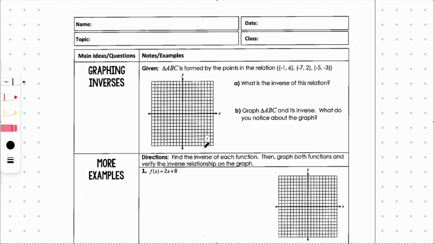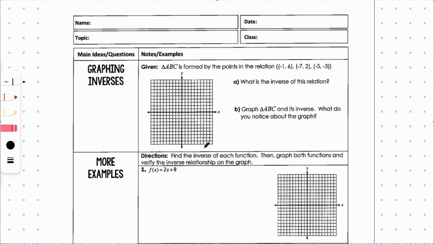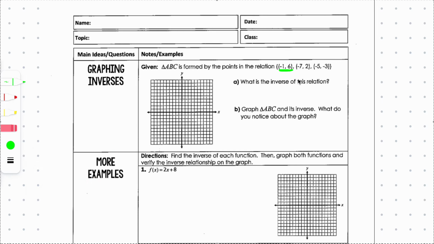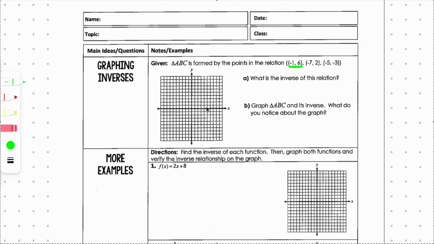Okay, so now we're asked to graph some of these inverses. We're given this triangle ABC, and it's formed by the points -1, 6. I'm actually going to graph this as we go. I think it's helpful if we use colors. So -1, 6, I need to zoom in here.